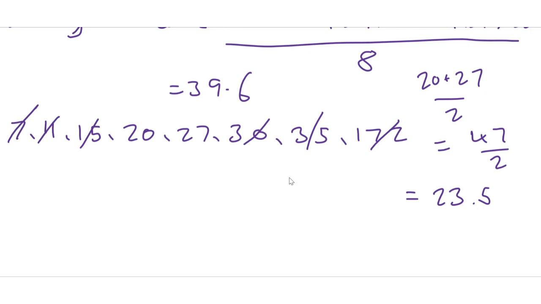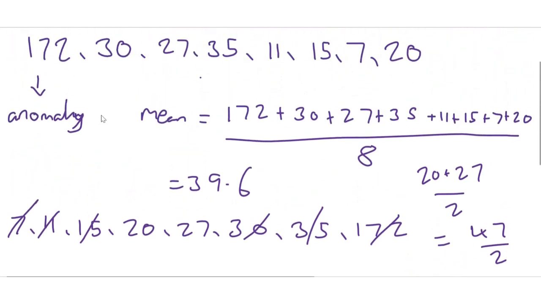My point here is, if this higher score was a less extreme score, say 40, we would still get the same value for the median. Even if this score was somewhere in the bulk of the data, between 7 and 35, the only way it would affect this is if it was between 20 and 27, in which case we'd still get a median quite close. So the median is not really affected, but as you can see, the mean is drastically affected by anomalies.